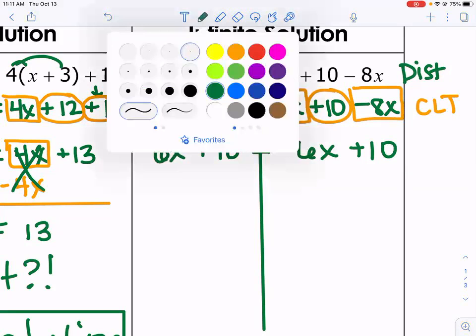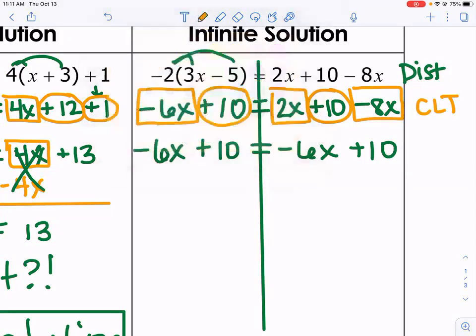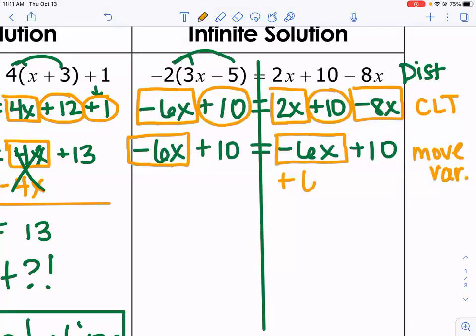Okay, so once again, since I have variables on both sides, I'm gonna go ahead and pick the one on the right to move it to the left. Well, if I have -6x, we're gonna add 6x to both sides.